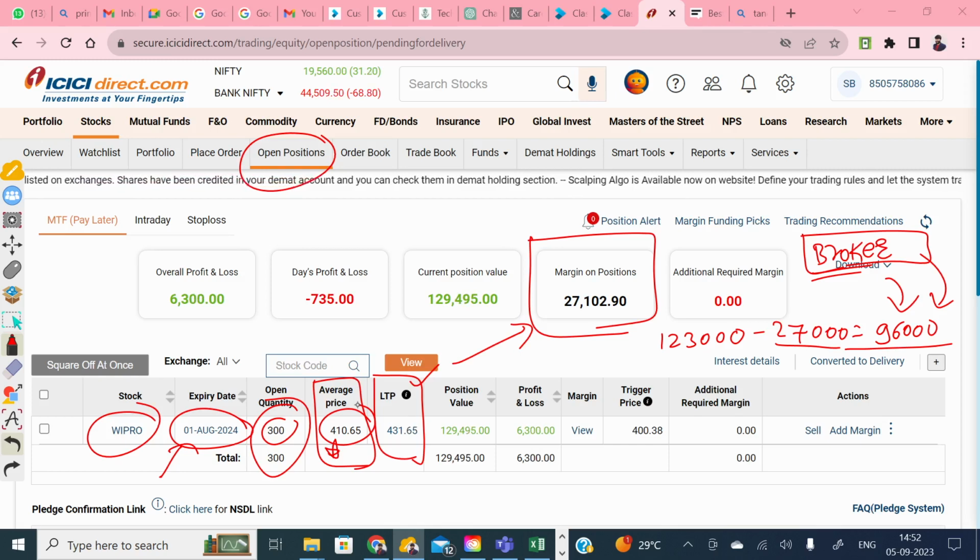That's why the broker will take the control of such securities, and those securities, meaning 300 quantities, would be available in the trading account. When we say trading account, it means it is a kind of position. When you have a position, it means you are not holding any actual ownership, but you have a right to buy, right? In this case, I have a right to buy 300 securities.